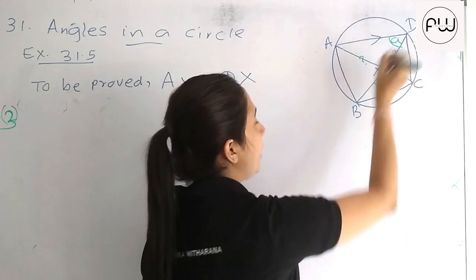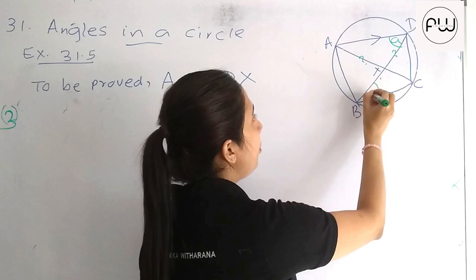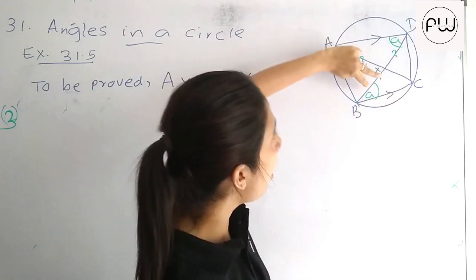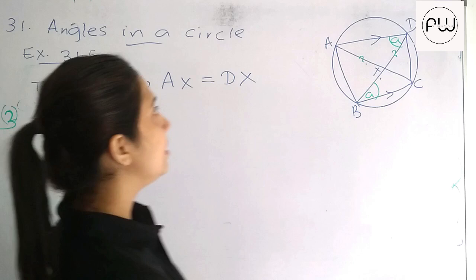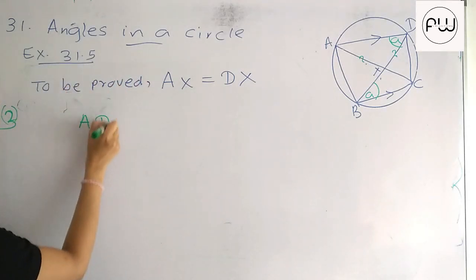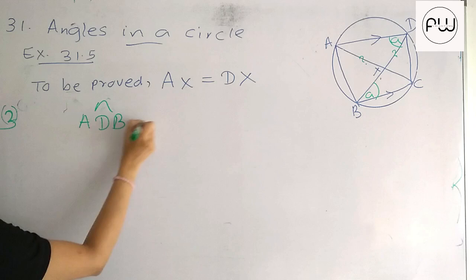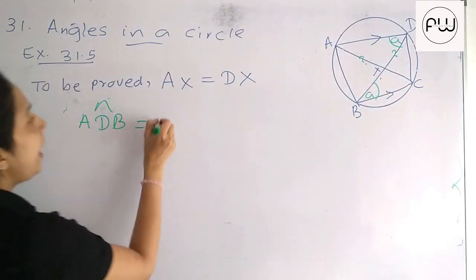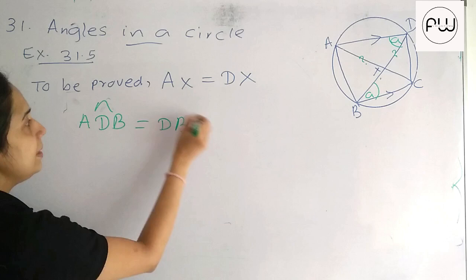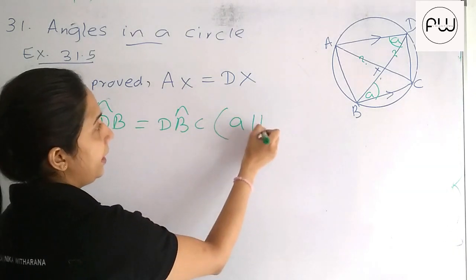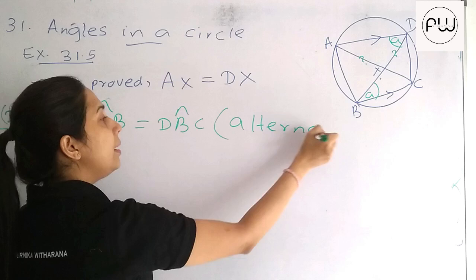Then if I put A here, I can put A here as well because these two angles are alternate angles. Then we can write angle ADB equal to angle DBC. What is the reason? It's alternate angles.